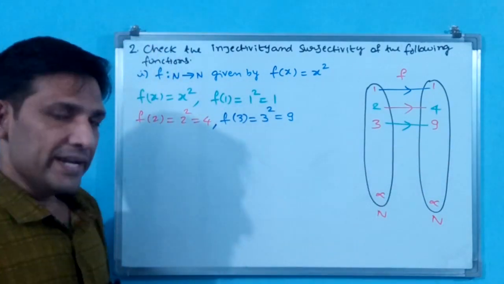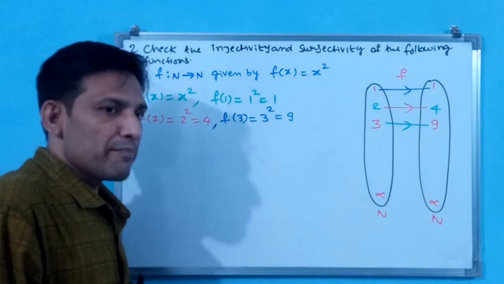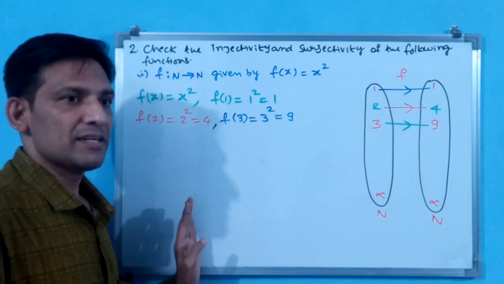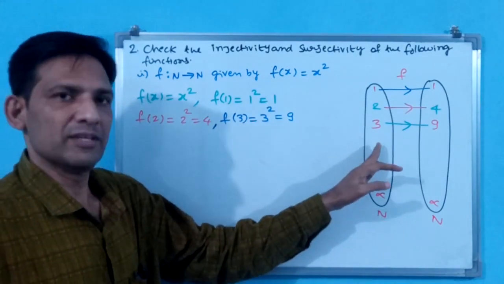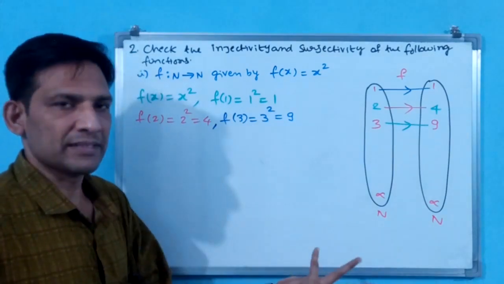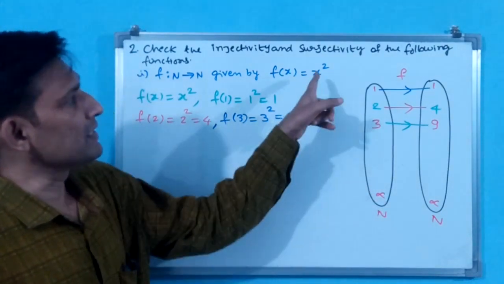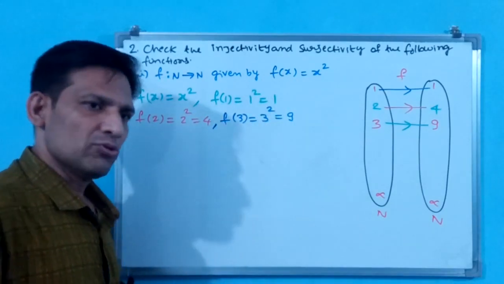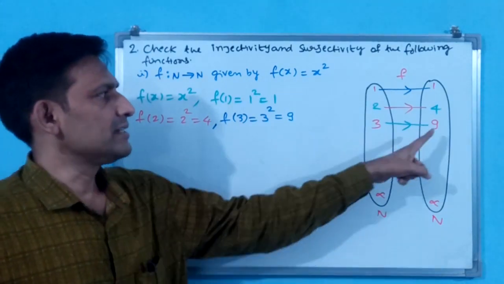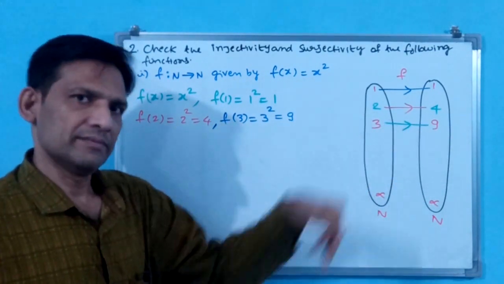Okay, for getting 9, what numbers do you require? As for this function I am talking about. See, if the function is only x, then if 9 is there, 9 will come. Why? Because f of x is equal to x, that's all. 9 to 9, 1 to 1, but not here. Here the function is x square. X square means any number you square, the result is going to become the codomain.